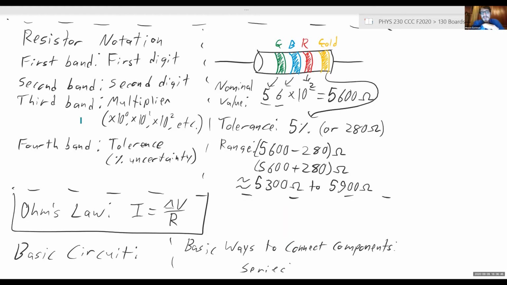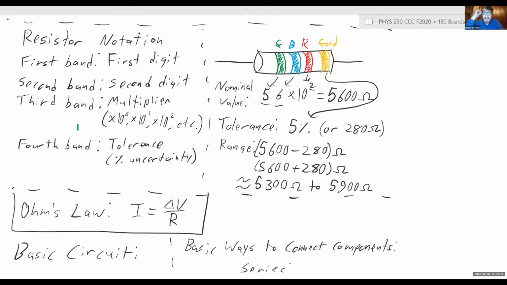And that power is given by the 3rd band. Finally, the 4th band is the tolerance. It's essentially how precisely the resistor was machined. It gives you a percentage uncertainty of the resistance value. So it essentially tells you how well you can trust that particular resistor to have something close to its nominal value.